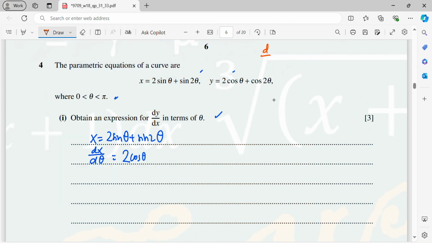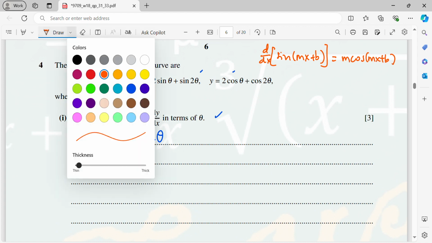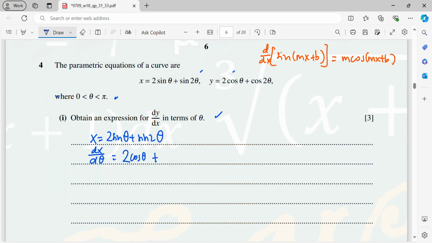Okay, now differentiate sine of mx plus b. That is cos, rewrite the mx plus b, differentiate mx plus b is m. Therefore I will be getting plus cos 2 theta, differentiate 2 theta is 2. Then from here the 2 is in common, you can just factorize the 2.